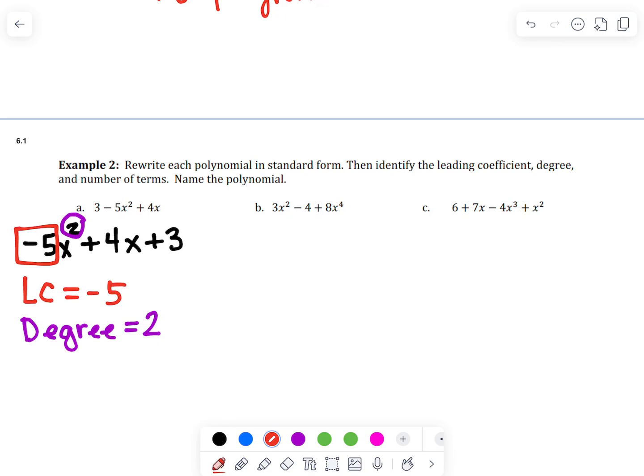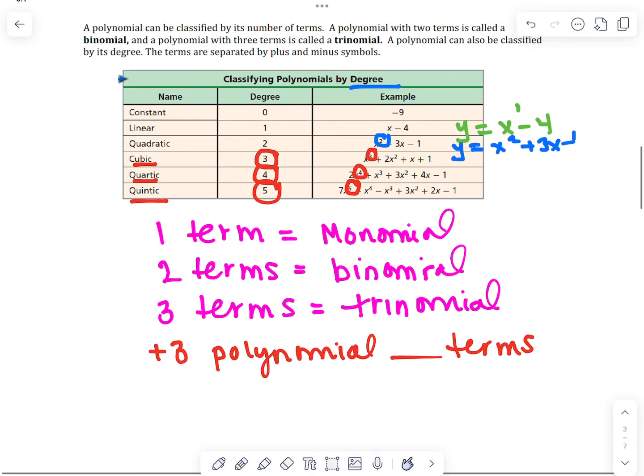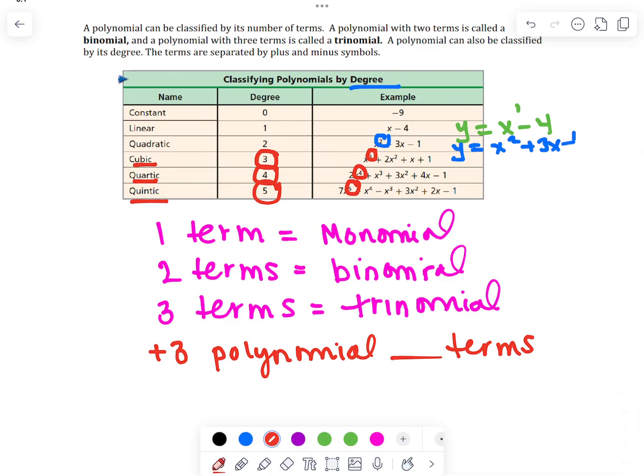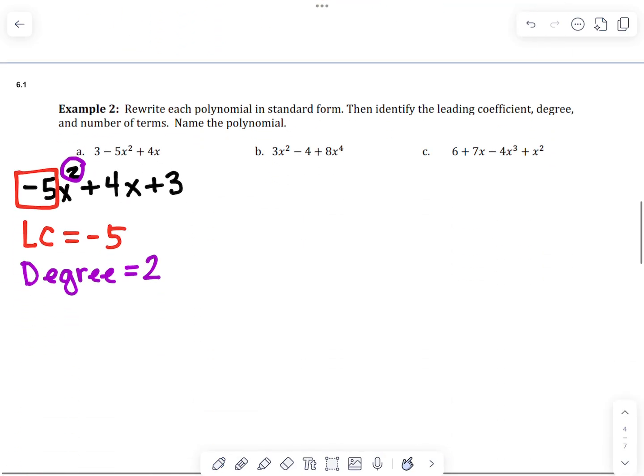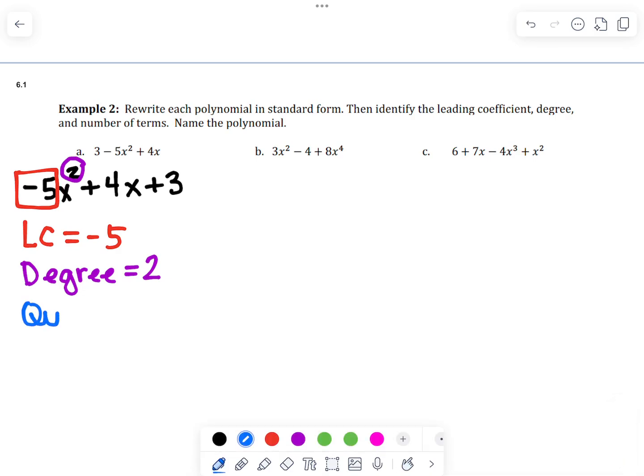Now we're going to go ahead and name the polynomial, and it's based off the degree. So if we go up to this chart, our degree is 2, so we call that a quadratic function. So this is a quadratic. And then we want to say how many terms it has.